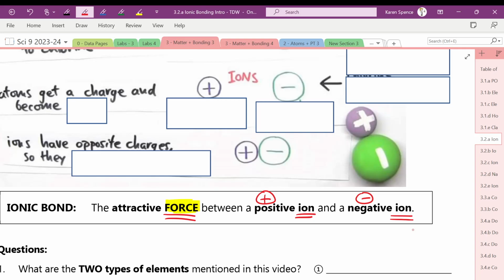Because here's what happens. You've got calcium. It's got two electrons, right? Now chlorine only wants one. So calcium is going to give its electron to chlorine. That makes this chlorine happy and stable. But calcium still has another electron.